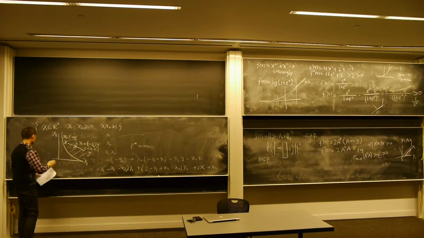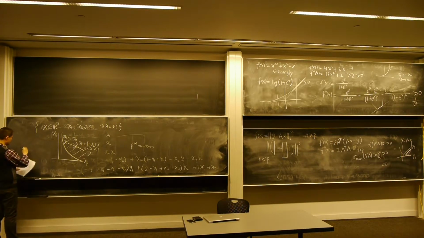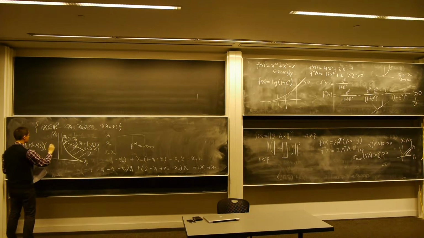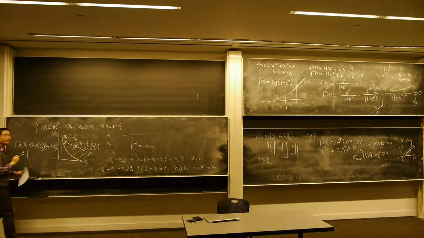The way to show it is to show that lambda x1 plus 1 minus lambda y1, the first coordinate of this point, times the second coordinate, lambda x2 plus 1 minus lambda y2, is greater than or equal to 1. This is what we want to show algebraically.